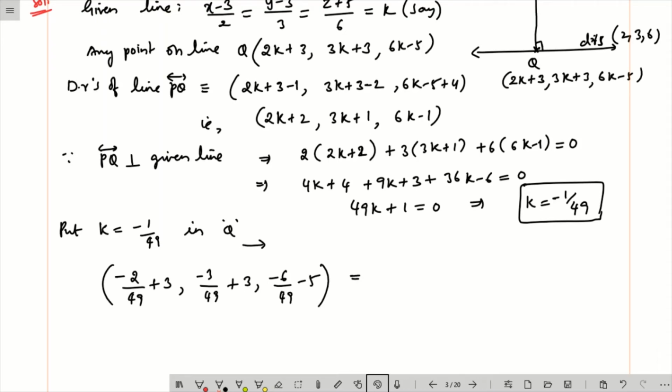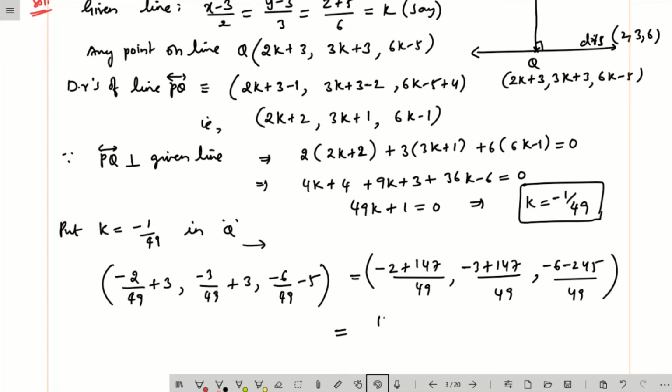This equals (-2+147)/49, (-3+147)/49, (-6-245)/49.